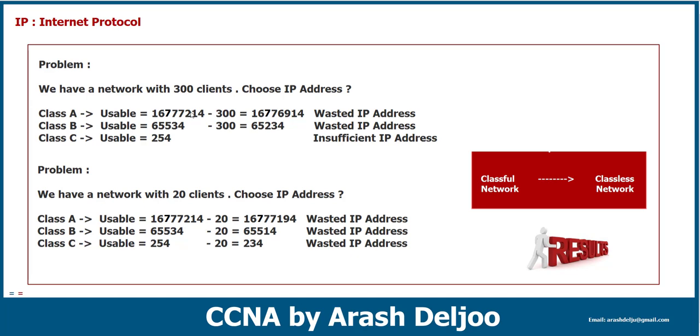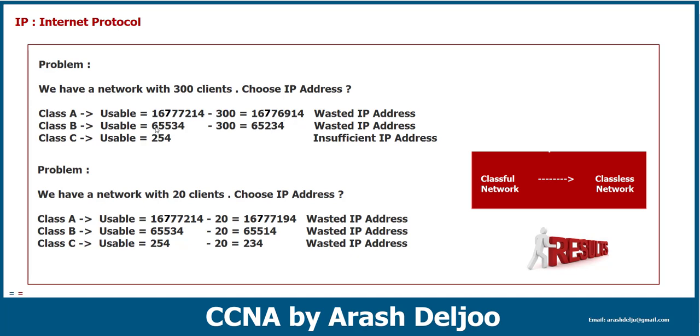If we are using one class A network, we will waste this amount of IP addresses. Look at here, we need only 300 clients. When you have this huge number of usable IP addresses and use one of the class A networks, you will waste this amount of IP addresses, and this is not a good choice.